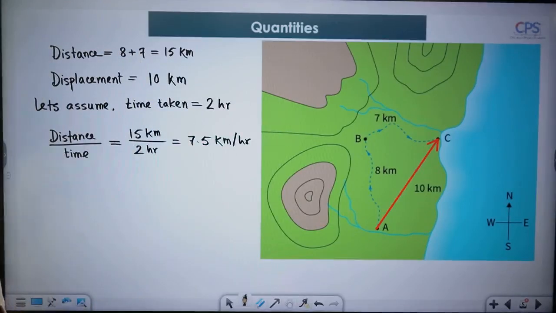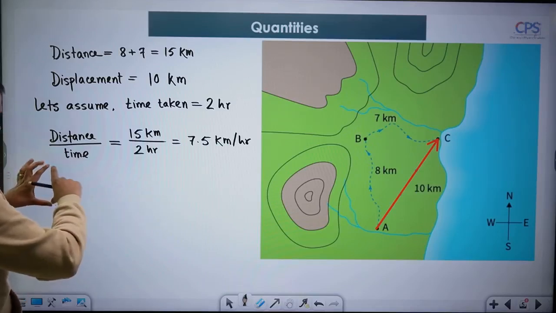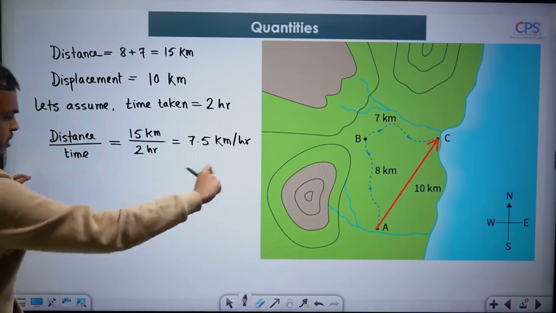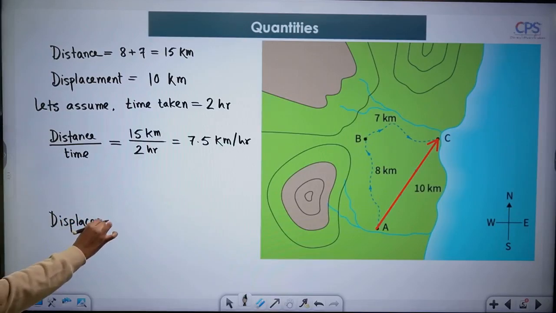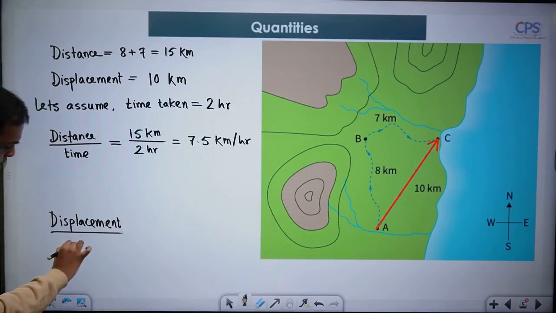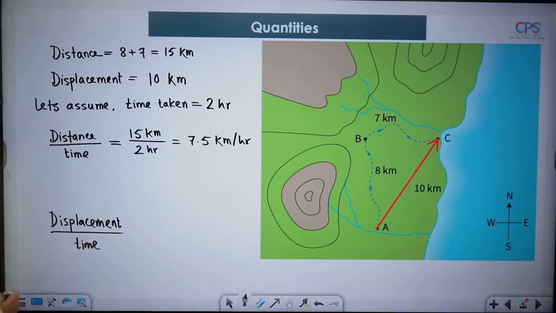Okay, and also let's talk about something else, but leave some space here. I'll just write something here. So let's talk about the rate of displacement. Displacement by time. Okay, so let's see.